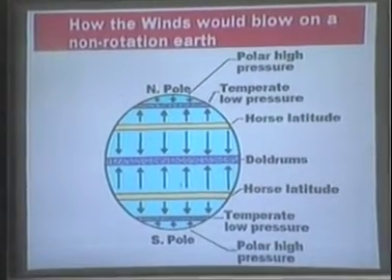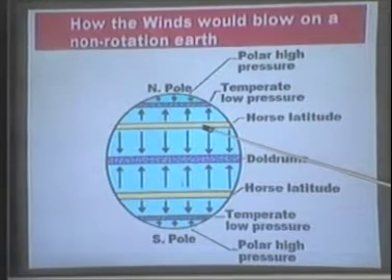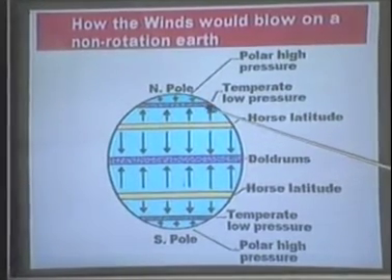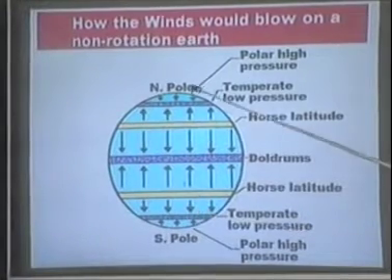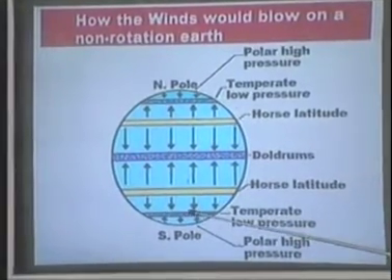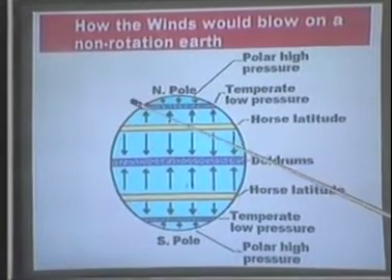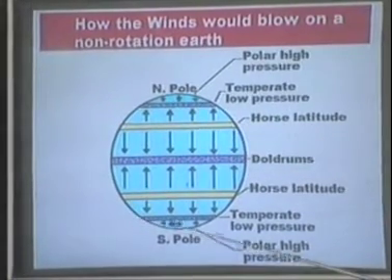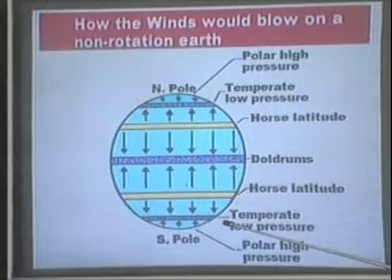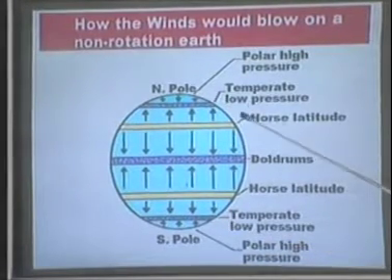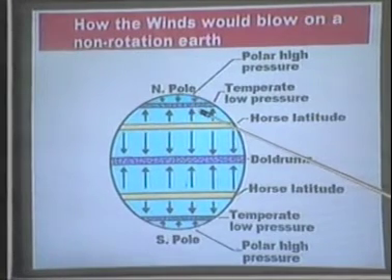The second group of winds would be those that blow from the high pressure up towards the North Pole and from the high pressure towards the South Pole. But before they reach the North and the South Pole, they would come to an area of low pressure belt. And that low pressure area, at 60 degrees north and south, we already know is created as a result of the meeting of the warm air and the cold air, resulting in the rising of the warm air, giving rise to a low pressure belt.